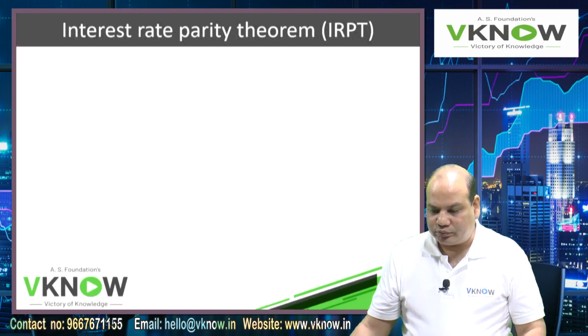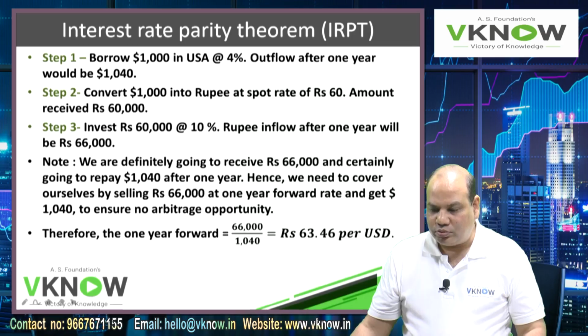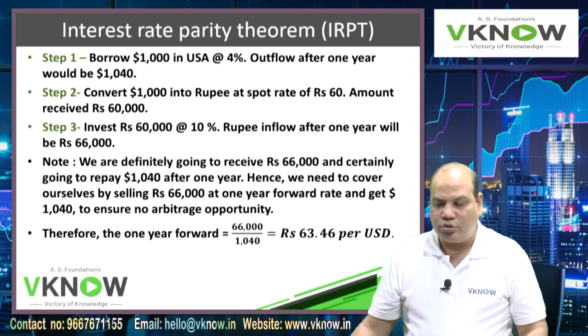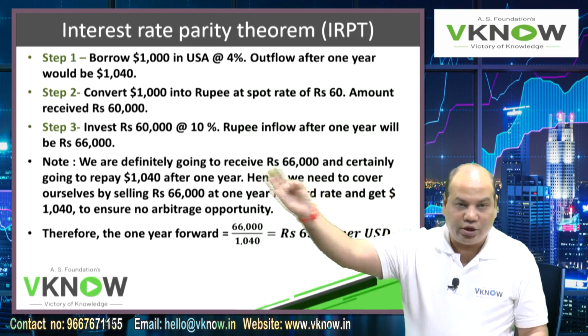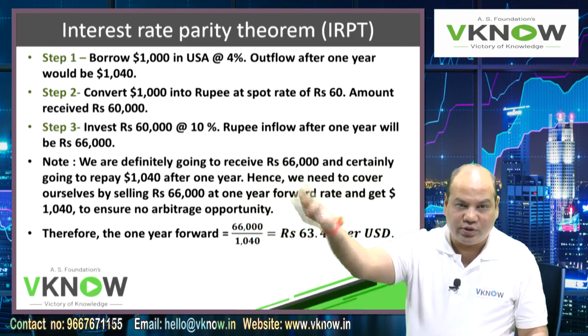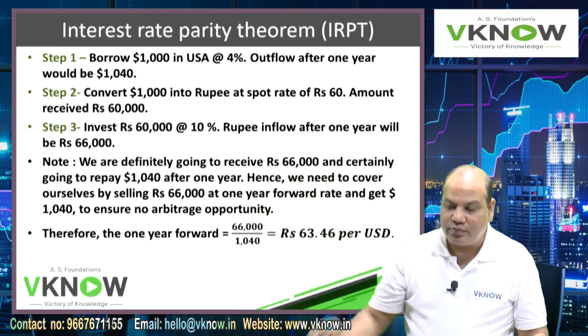So looking at this rate, the investor would try to do the following. They will borrow in USA. To help us understand better, I will assume that the person will borrow $1,000 in USA because he finds the interest rate there is low, in India high, so borrow in USA, invest in India. That is what he is thinking.